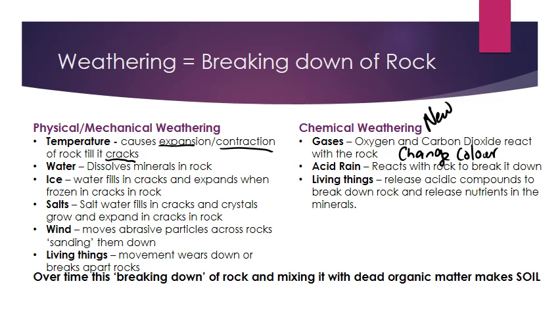When you see all of that happening, you know that the rocks are not just breaking down physically, but they're actually making something new. It's called chemical weathering. Living things too can cause chemical weathering. We tend to release an awful lot of acid, usually in the form of pee. And when we do that, that breaks down the rocks and releases the nutrients that are in there and helps to make soil, which living things like as well.